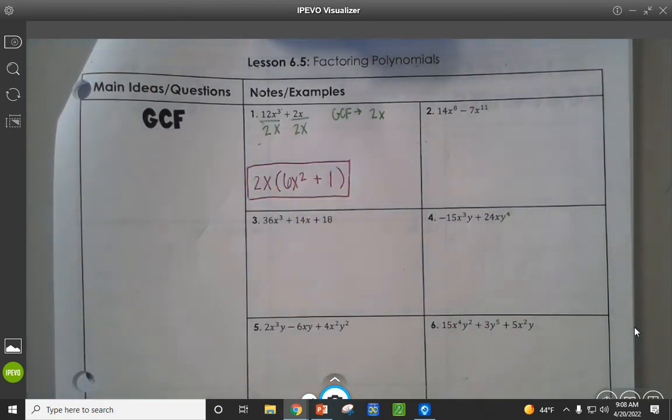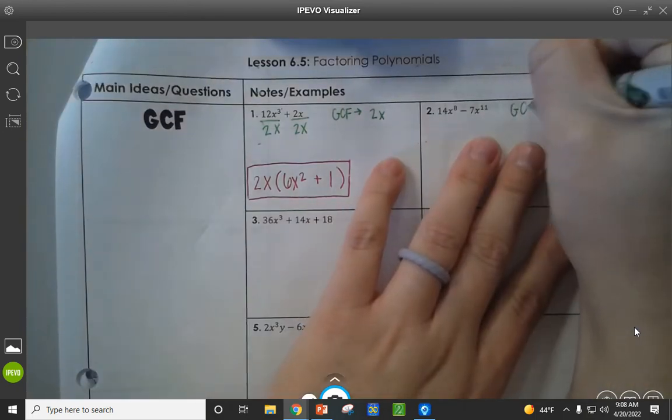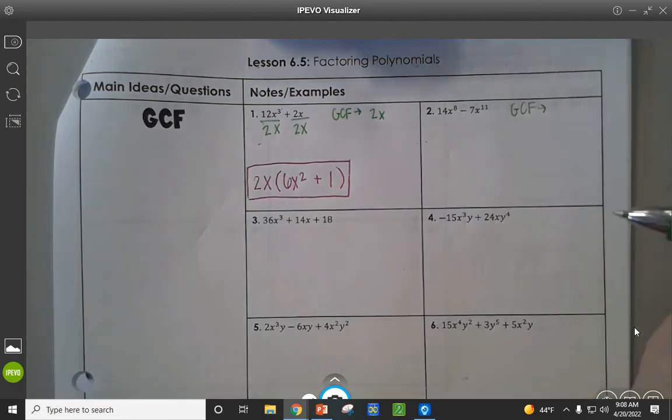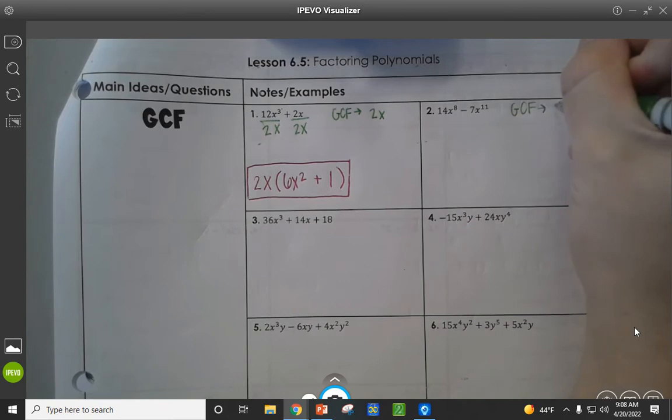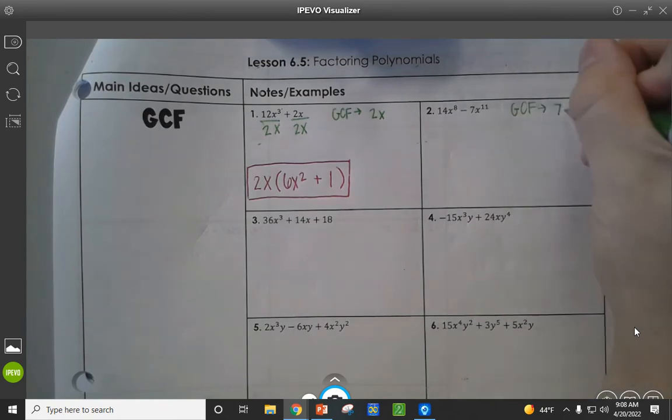All right, number 2. What is the GCF? So between 14 and 7, what can I divide both of those by? 7. And then how many x's do they have in common? 8. So x to the 8.